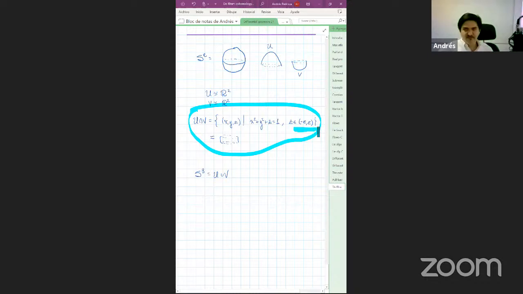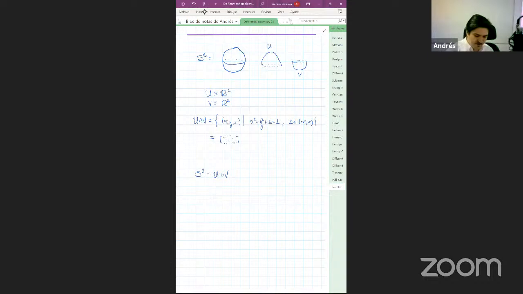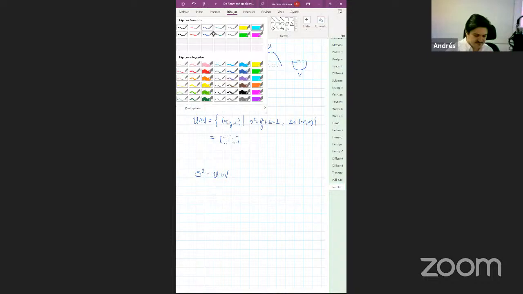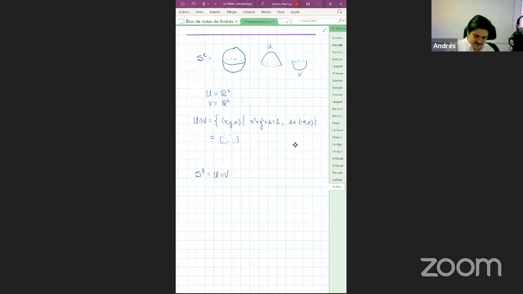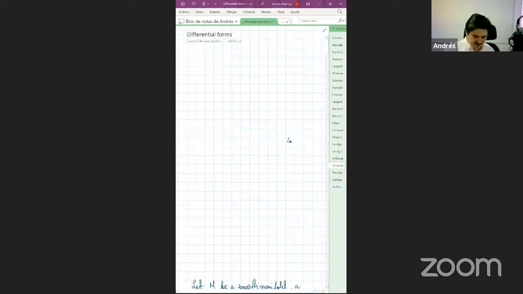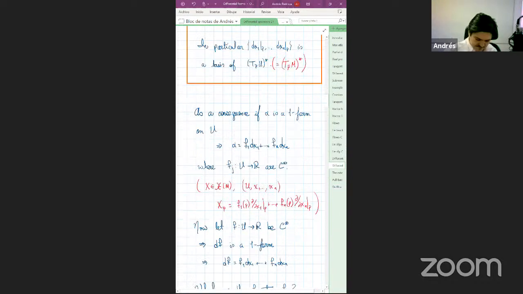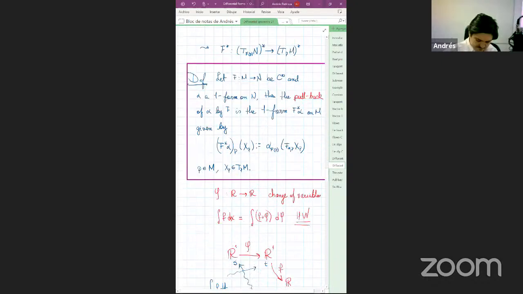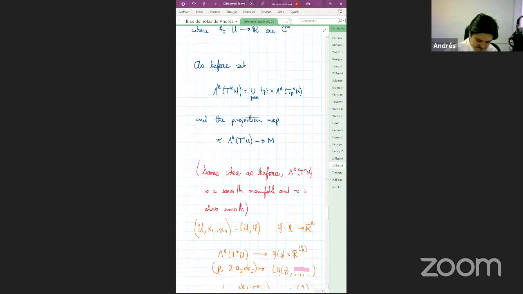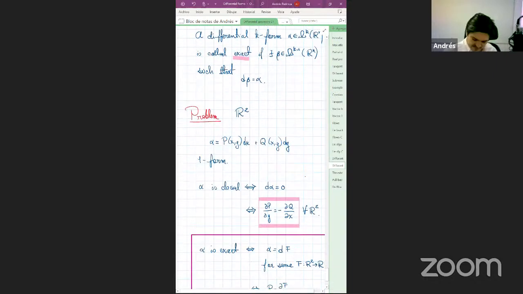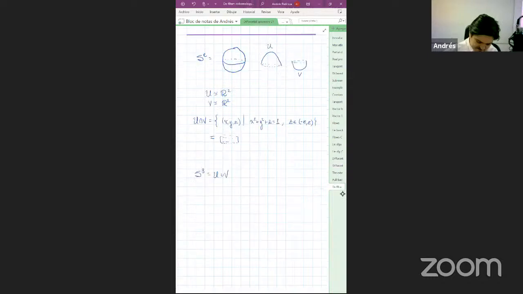If I remove the poles, then I will have to change this. ¿Qué pasó aquí? No le cambié acá, perdón. Se cambió todo. Ya.